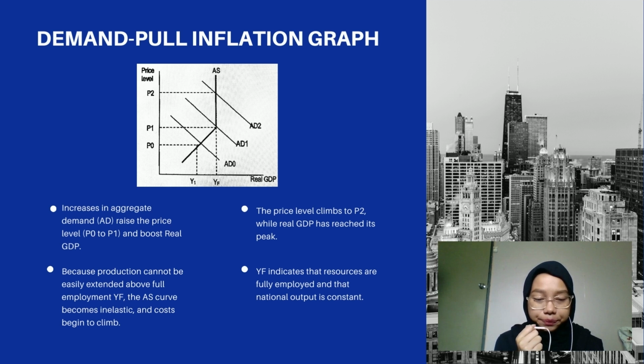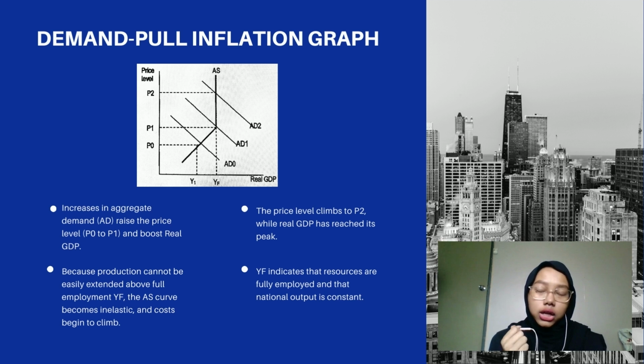So when aggregate demand is AD0, the equilibrium is less than full employment, which leads to the price level of P0. If the aggregate demand rises to AD1, the price will rise to P1 owing to the oversupply at price P0, resulting in an increase in real GDP.